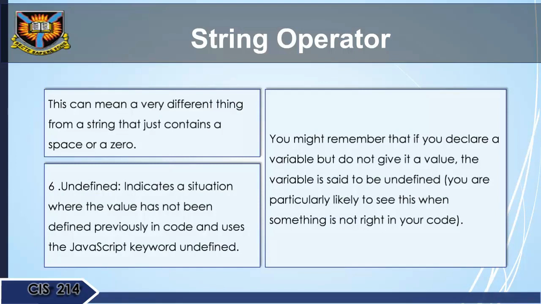Undefined indicates a situation where the value has not been defined previously in code and uses the JavaScript keyword undefined. You might remember that if you declare a variable but do not give it a value, the variable is said to be undefined. You are particularly likely to see this when something is not right in your code.